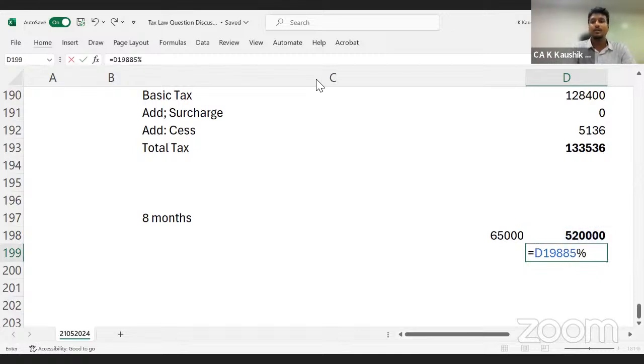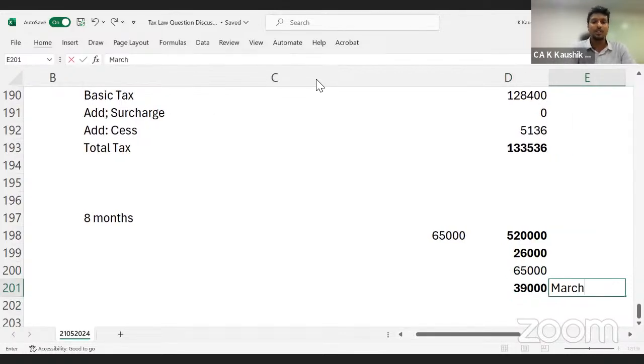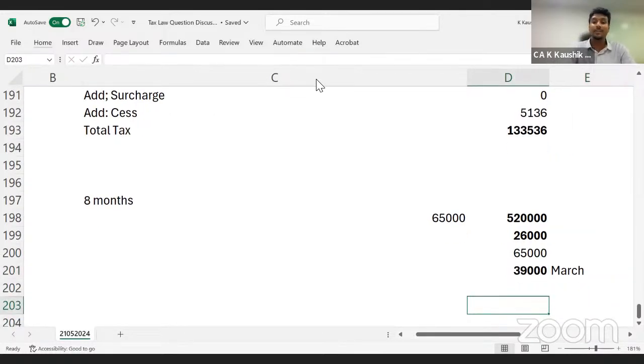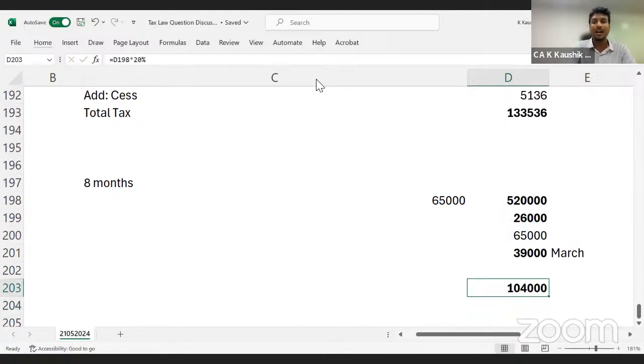That means it would have become 26,000. From the last month, March, rent of 65,000, you would have deducted 26,000 and paid 39,000 rent for March. But in this case, since the PAN is not given, the TDS will go at 20%. That is 1,04,000. But the provision says you need to deduct TDS from the last month of the financial year in which the rent is paid, that is 65,000.